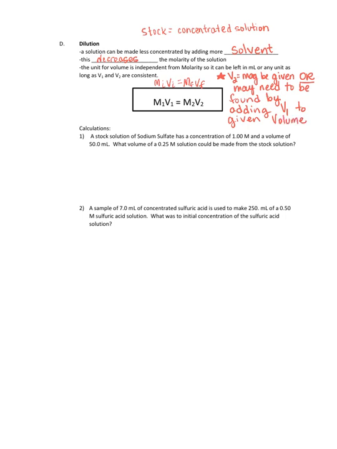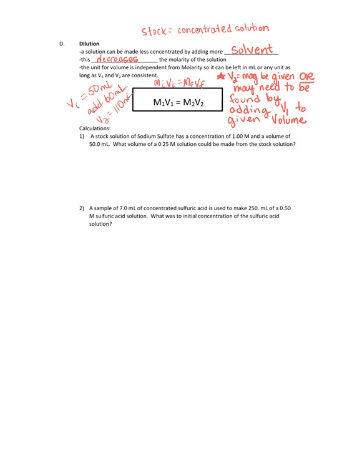For example, if you start off with a V1 of 50 milliliters and then you add 60 milliliters, V2 is not 60 milliliters. V2 is going to be 110 milliliters because you added 60 milliliters. So just make sure you're careful with that.